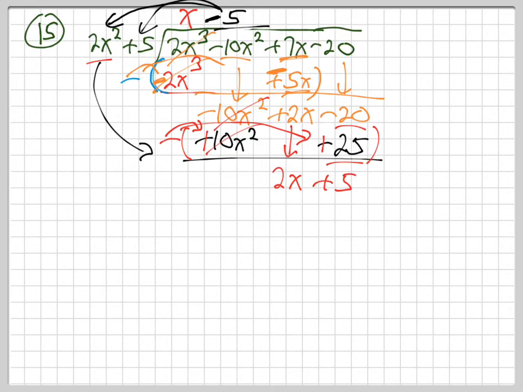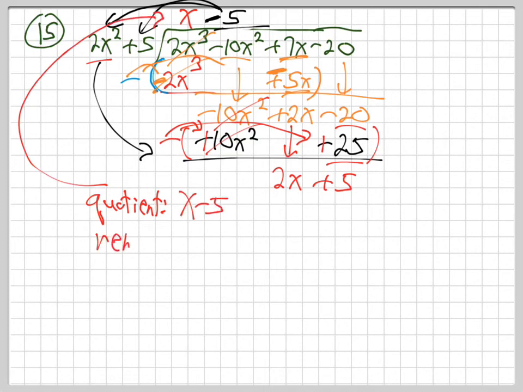And that is our remainder. So the quotient is the top up here. And the remainder is the 2x plus 5. There we go. Let's try another one of these.